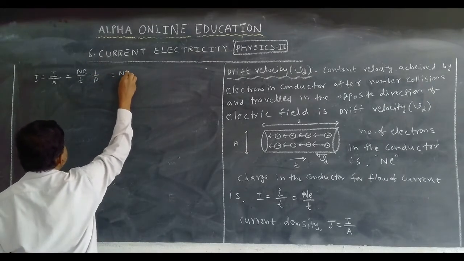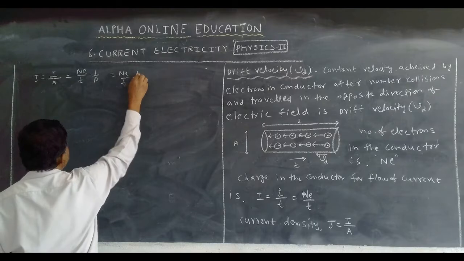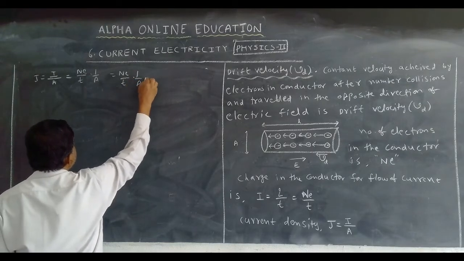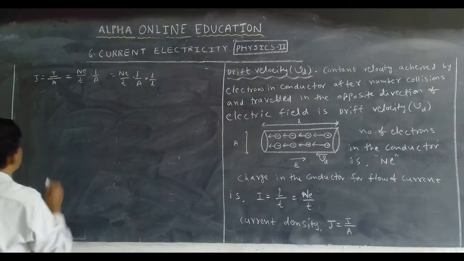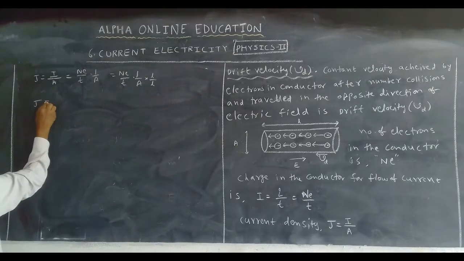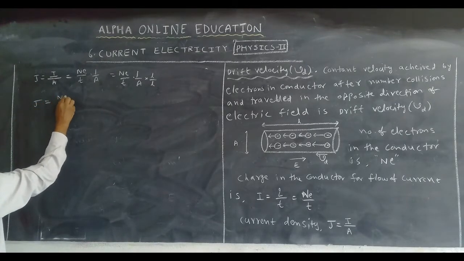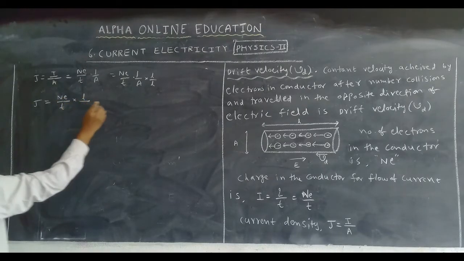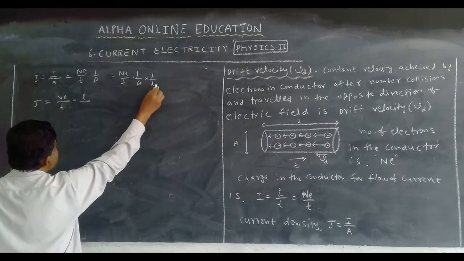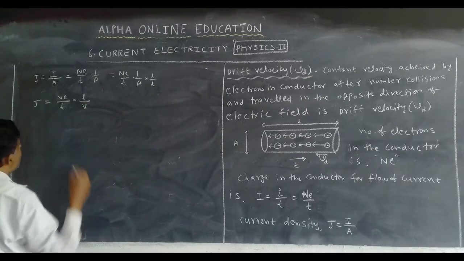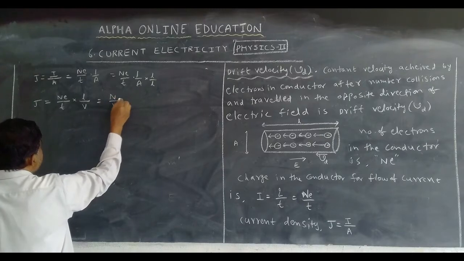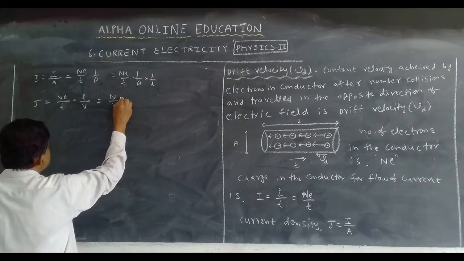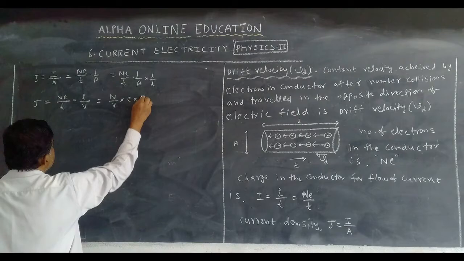Now Ne by t into 1 by A, I multiply and divide by L. So J is equal to Ne by t into L by A, and area into length is called volume. So we can write n by V into e into L by t.